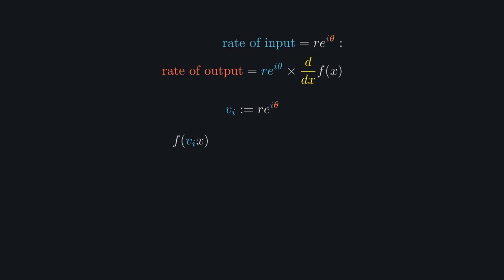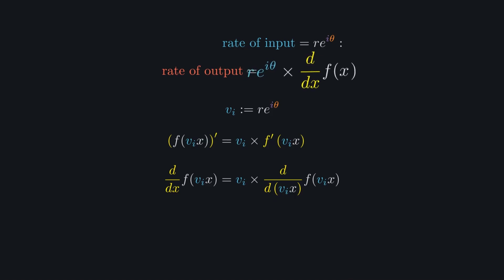And that's what we take the derivative of, which by the chain rule is equal to the derivative of the inside, that comes out as just v sub I, multiplied by the derivative of the outside, the function itself, with the argument left as is. If we express the same thing in Leibniz notation, it looks like this. Notably, neither right-hand side looks like what we have here.